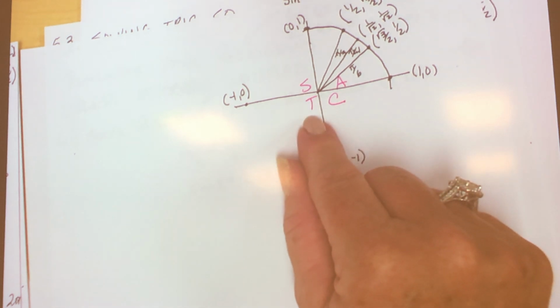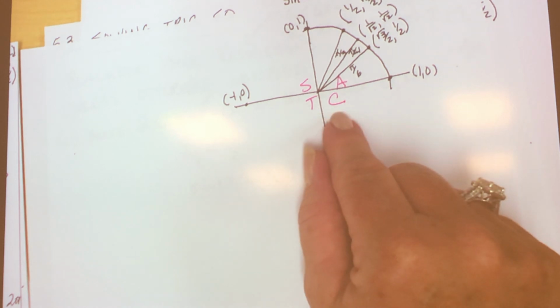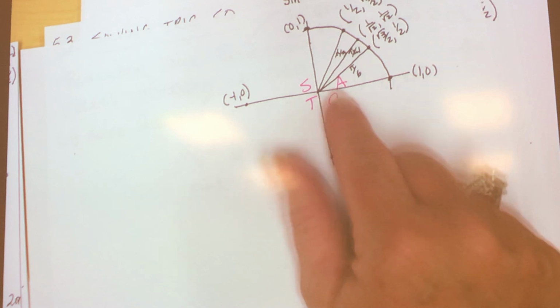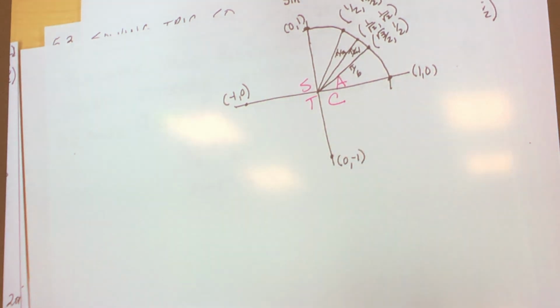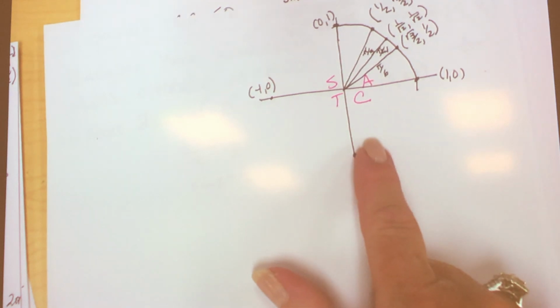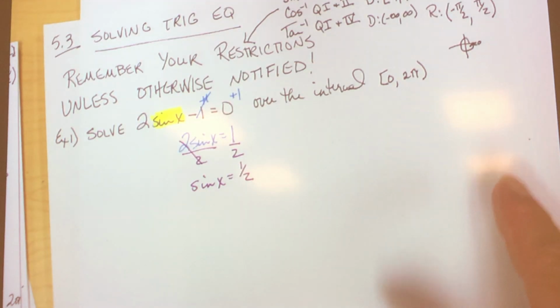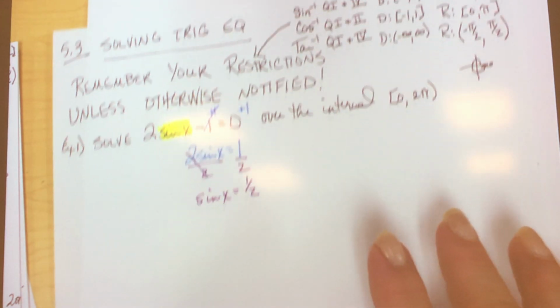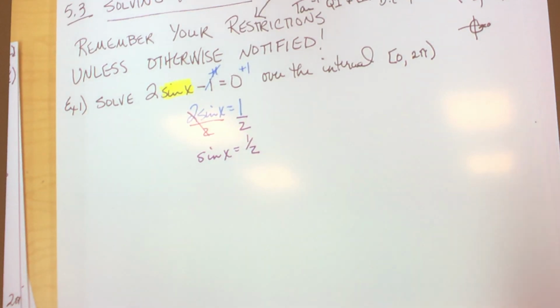In the third quadrant, tangent and his reciprocal cotangent are positive, and in the fourth, cosine and secant, his reciprocal, are positive. So we're only talking about the positives, everything else will be negative. So this is what I'm going to do to work the problems.